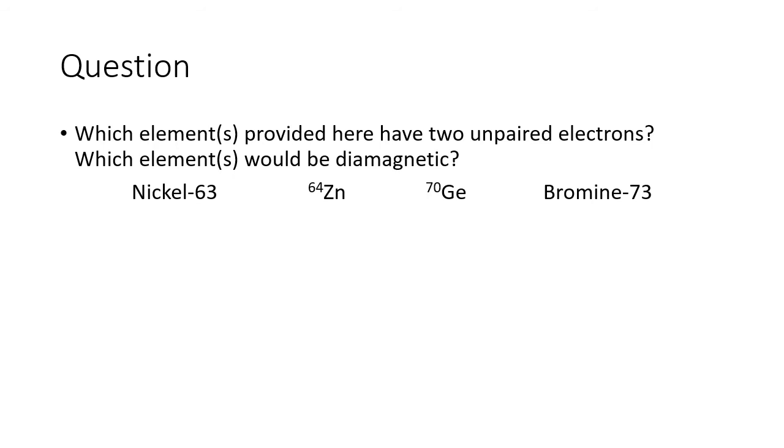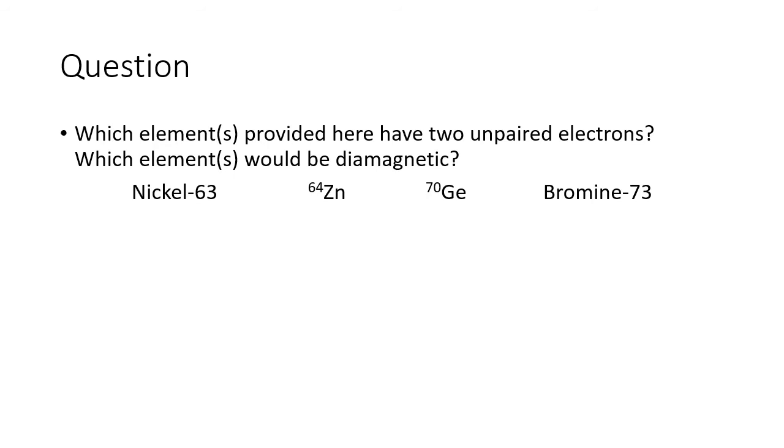Which of the following elements would have 2 unpaired electrons, and which of the following elements would be diamagnetic? What we need to do is write down the shorthand configuration for each of these, and we need to write down the electron orbital diagrams.